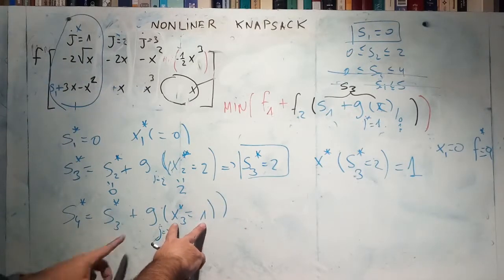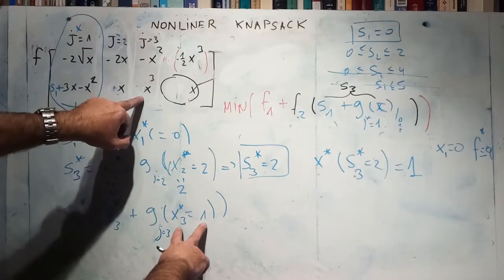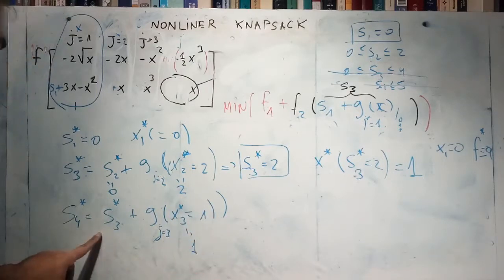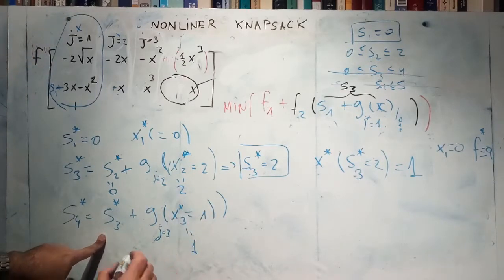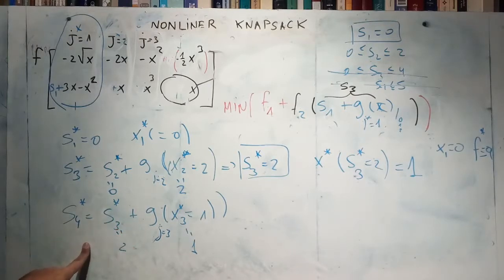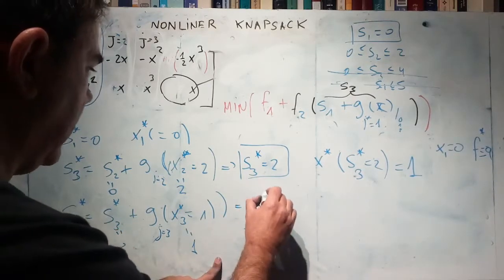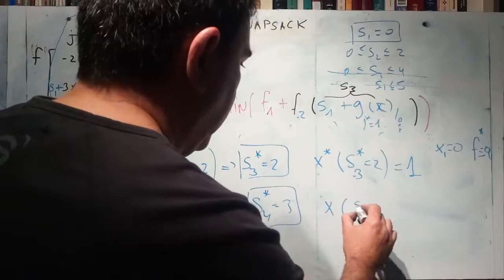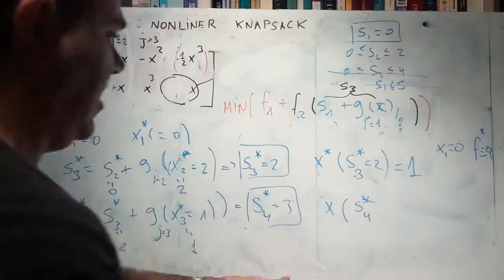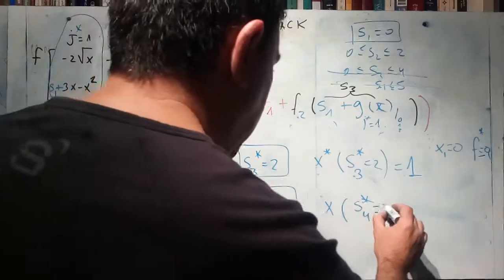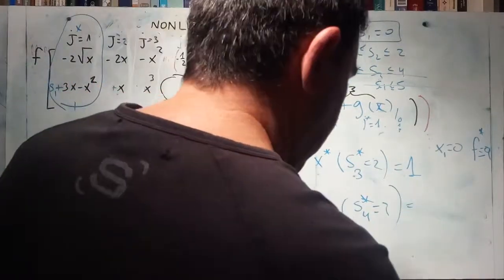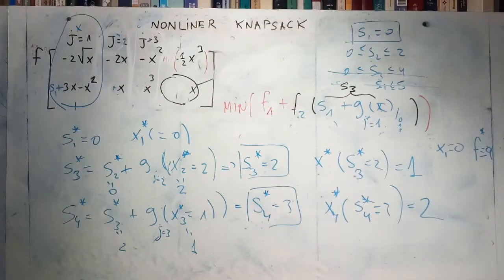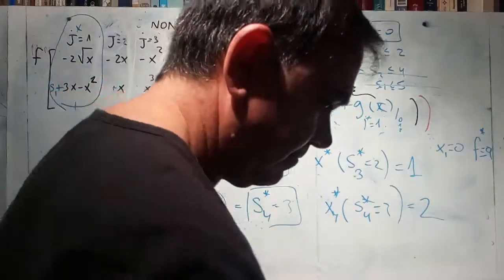If you evaluate g here, this being 1, 1 to the power of 3 is 1. S3 star was 2, so we get an optimal value of S4 star of 3. And now backtracking for the optimal value of the state S4 being 3, we get that x4 star has to be 2. So we have solved the problem, my friends.